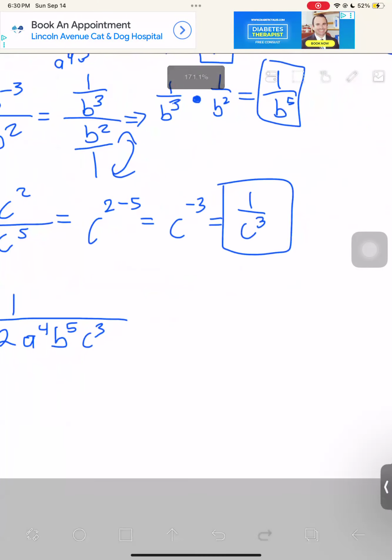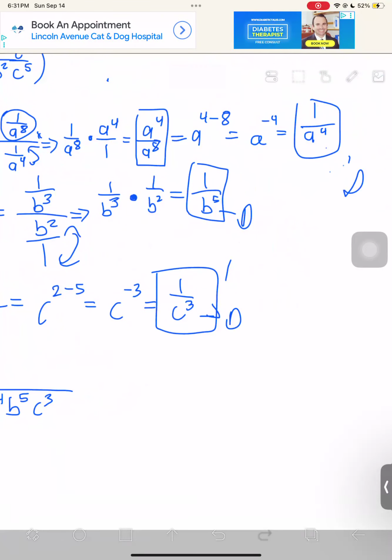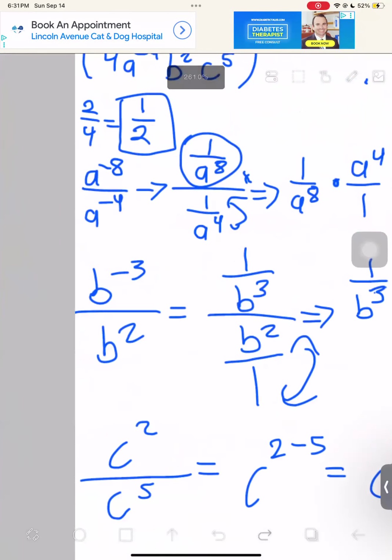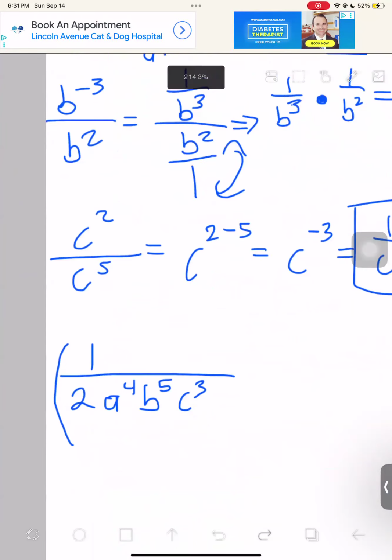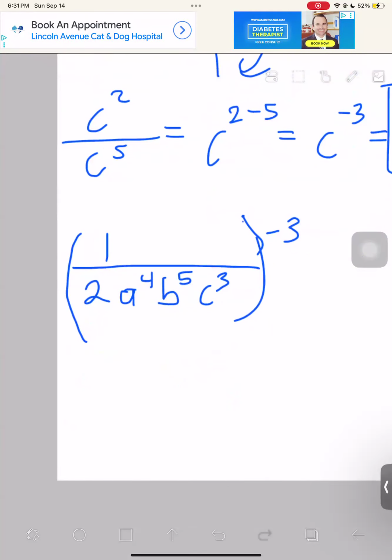It's in the denominator, it's in the denominator, it's in the denominator as well. And the 2 over here is also in the denominator. So that's why we get this portion, because everything was in the denominator. And last but not least, we still have this portion right here. Everything was in the denominator, that's why it's at the bottom.